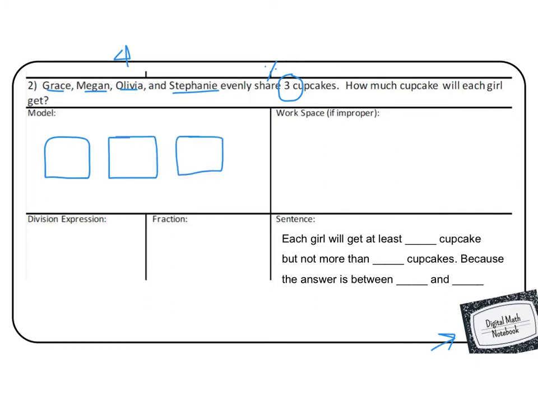And then the girls share them. There are 4 girls, so I'm going to split each cupcake into 4 pieces. Now let's say, because my name is Megan, that I'm Megan, and I'm going to take 1 of each of these 4 pieces. That means that I now have 3/4.